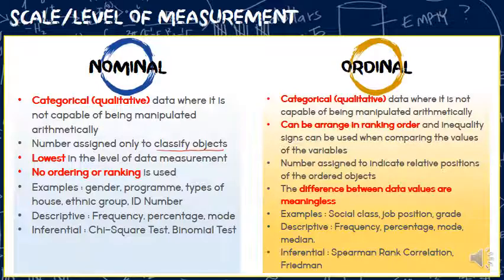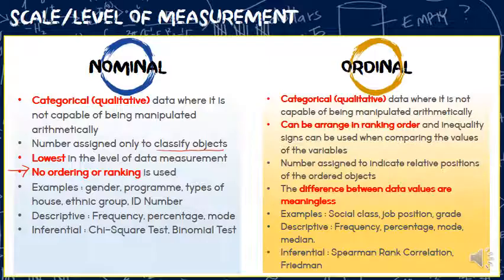Saya tambah kelas 1 tambah kelas 2 jadi kelas 3. No, it's not like that. So, bila benda itu dia hanya labeling ataupun categorical data, dia kualitatif, and ada tambah satu karakteristik, no ordering or ranking is used. This categorical data, awak tak boleh nak rank dia.